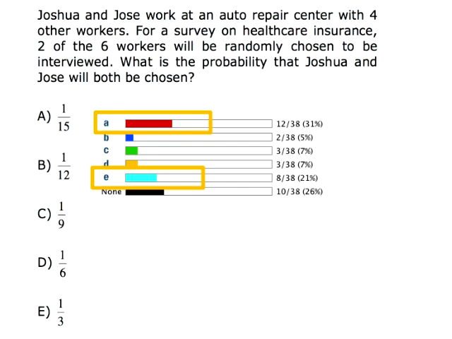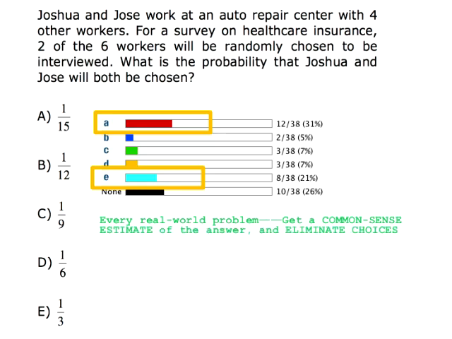And really, this is what you should do. In every real world problem, absolutely every single one. Every real world problem. Always, if you can, get a common sense estimate of the answer and eliminate choices that are ridiculous on planet Earth.